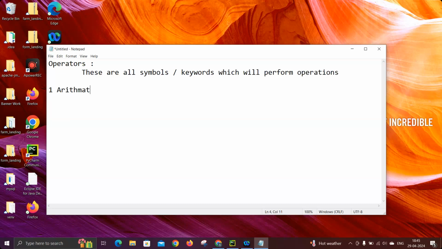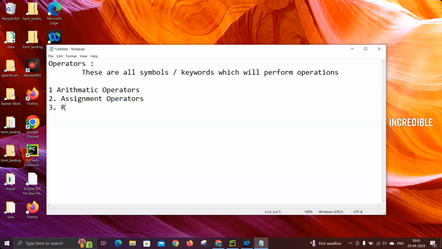The first one is arithmetic operators, and the second one is assignment operators. These two we covered already, but I will repeat them once again so you may recollect.